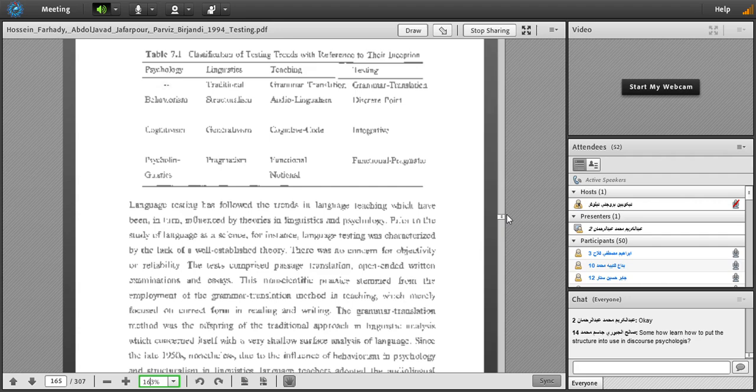So that's why the name is norm referenced interpretation, and criterion references means it depends on how much knowledge the student has.